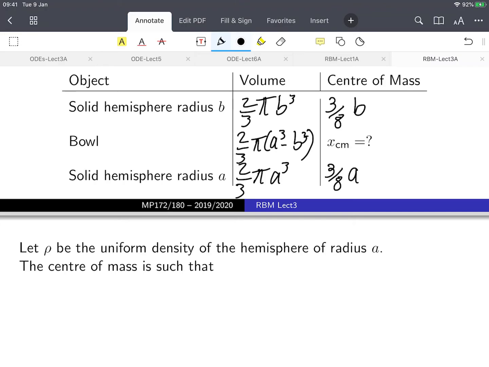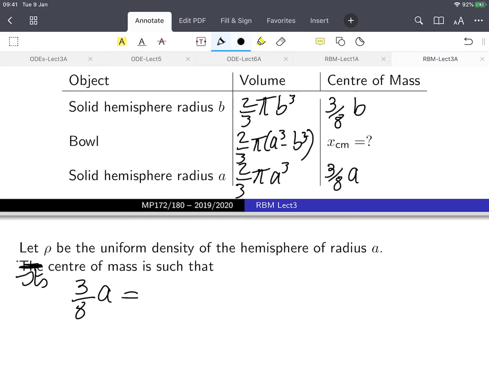So, the center of mass of each hemisphere, okay, I should say. Its center of mass is such that, and I'm going to use this composite formula, right? The solid hemisphere of radius A is composed of two bodies, the solid hemisphere of radius B and the ball.